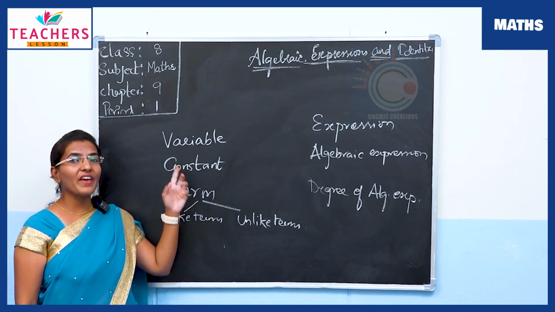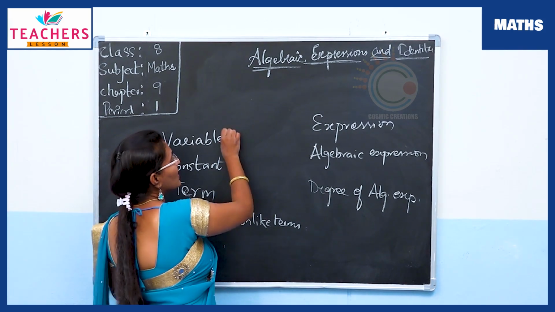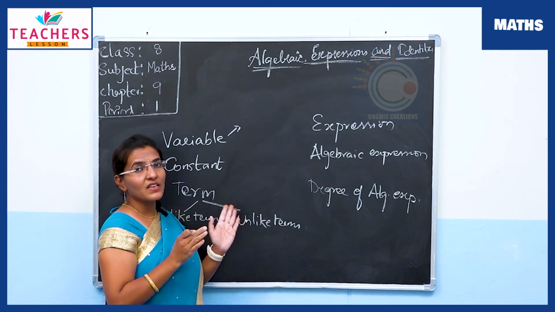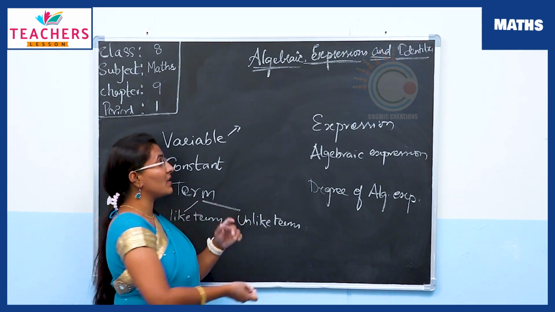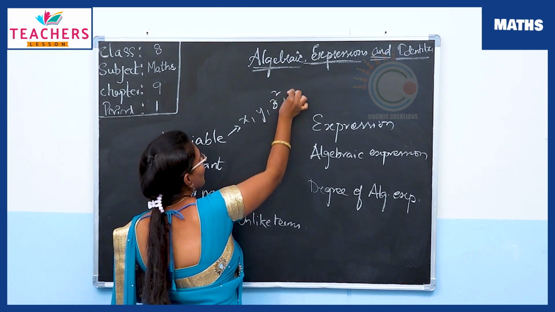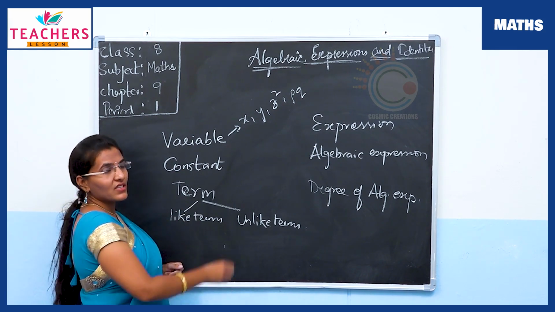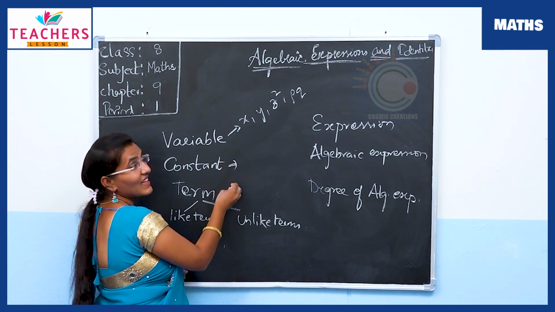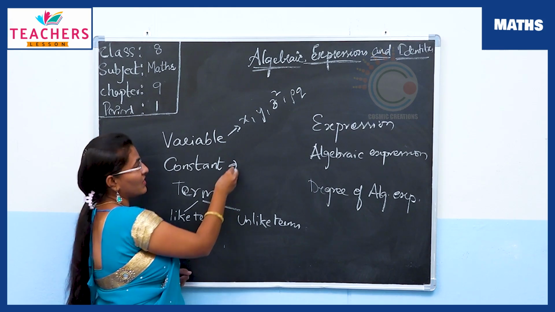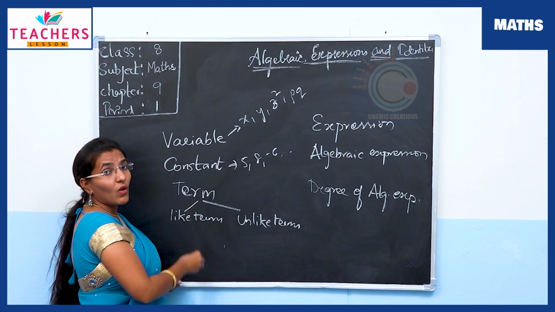So what all we have learnt in this class? What is a variable? Variables are the symbols which are varying, isn't it? So x, y, z square, pq, these are the variables. And constants are the numbers 5, 8, -6, and so on. And next, what are the terms?